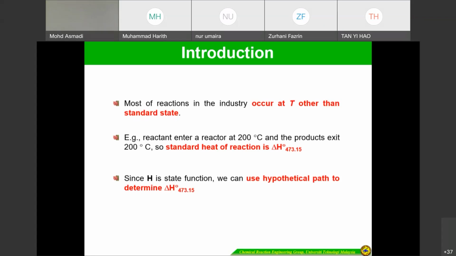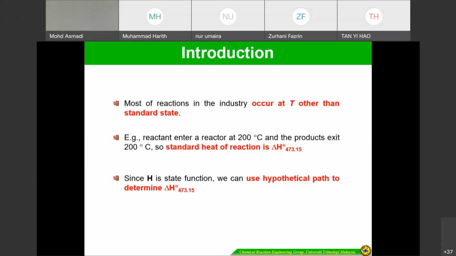Even in the lab, I do my experiments, my reactions, because my research is about pyrolysis, so the reaction is more than 400. For torrefaction, the temperature is around 200, so it's high temperature.